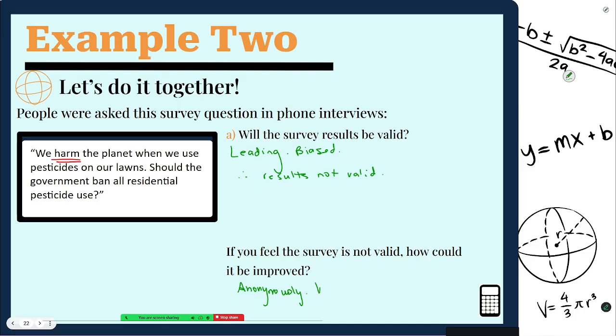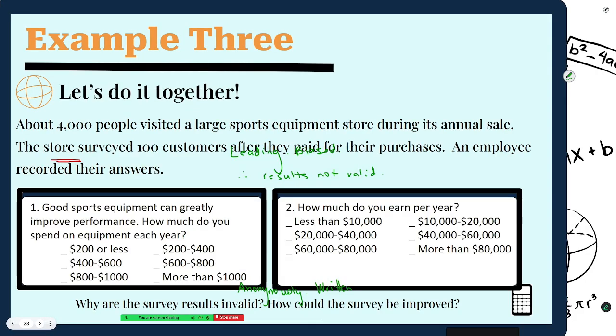If you do it as a written survey, then I don't have to feel the heat of the person on the other end. I can give honest feedback. If it's anonymous and written, you don't know that it's me saying it, then I can give honest feedback.